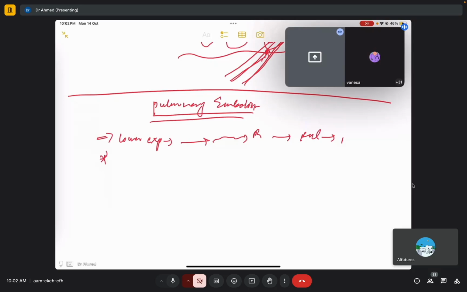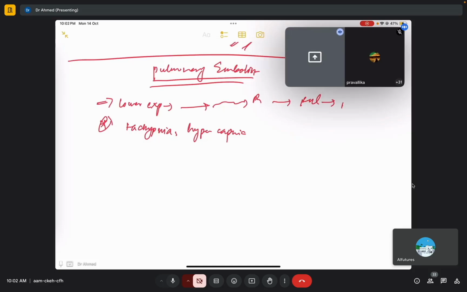Can you just tell me what would be the presenting features of an individual having pulmonary embolism? You could be having tachypnea. Then hypercapnia. So what's the effect? For example, this is my blood vessel and this is my alveoli.